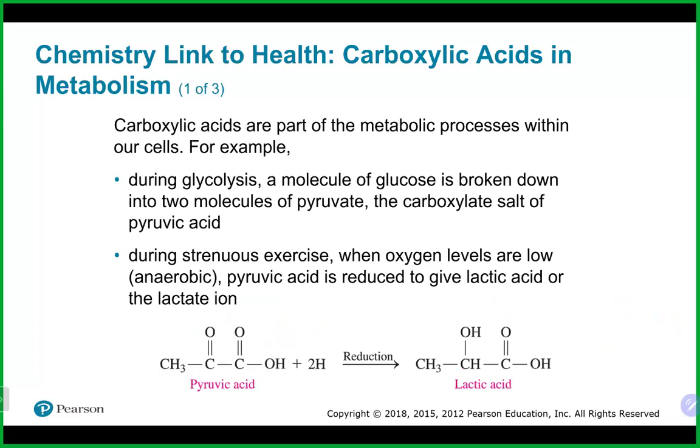All right. So carboxylic acids are also part of the metabolic process within our cells. During glycolysis, molecules of glucose are broken down into pyruvate and pyruvic acid. And again, this is what we see here.